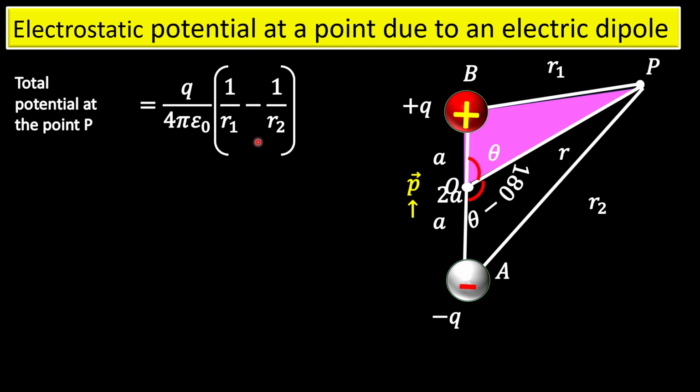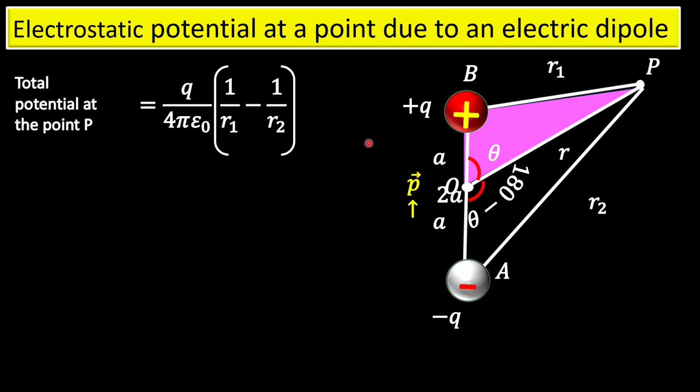In this potential equation, r1 and r2 are unknown values. a and r are known values. Using these two, we have to find r1 and r2 using parallelogram vector addition or the cosine law.